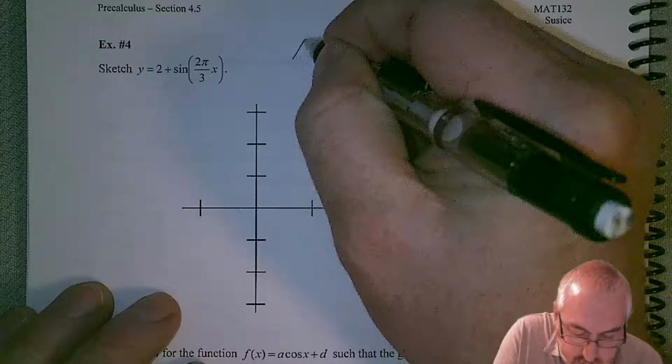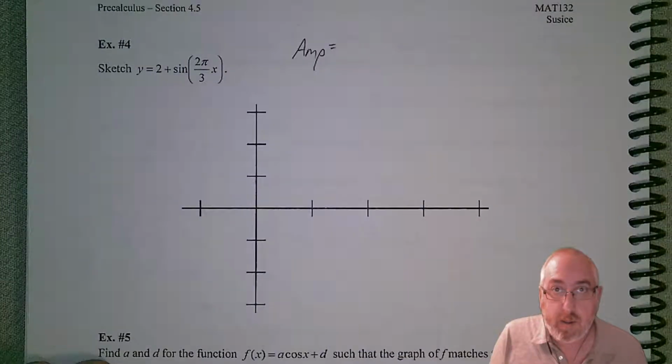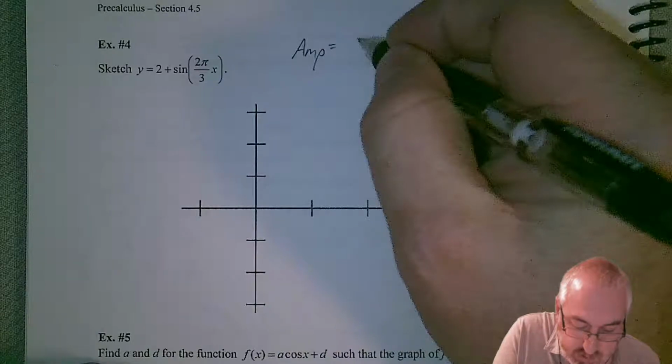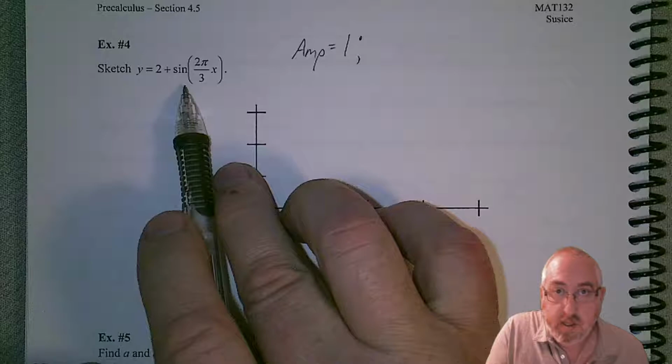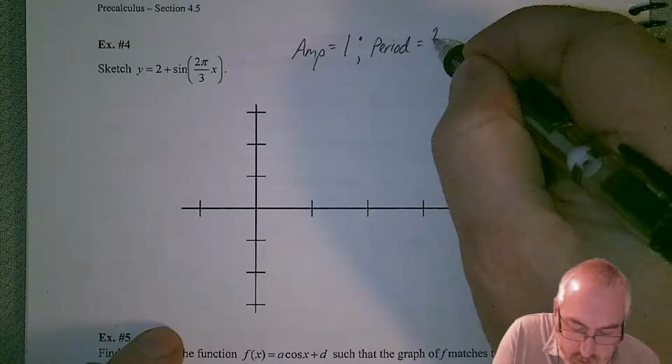So what's our amplitude going to be for this one? Don't say 2. The variable in front of the sine is nothing, so it must be a 1. All right, and so now we need our period. So 2 pi over b.